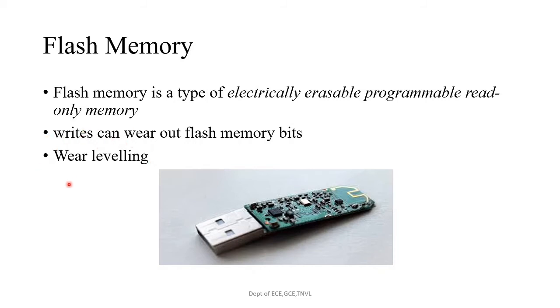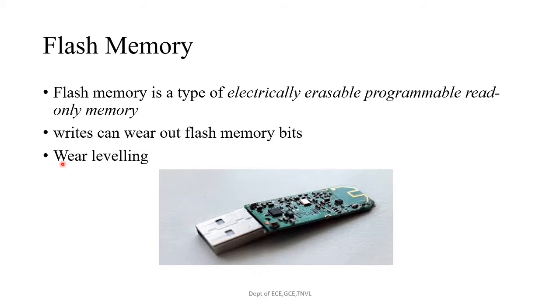So what is wear leveling? In flash memory, the writes can wear out the flash memory bits. So, in order to cope with the limits, we have a flash controller. The controller spreads the writes by remapping the blocks that have been written many times to the less trodden blocks.